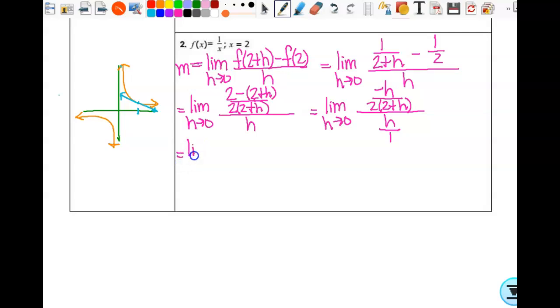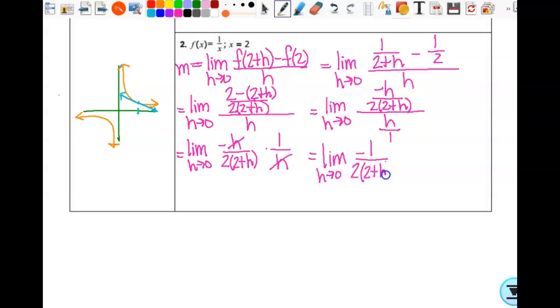So this becomes the limit as h approaches 0 of the numerator, which is negative h over 2 times 2 plus h, times 1 over h. So now these h's cancel out, and that's equal to the limit as h approaches 0 of negative 1 over 2 times 2 plus h.